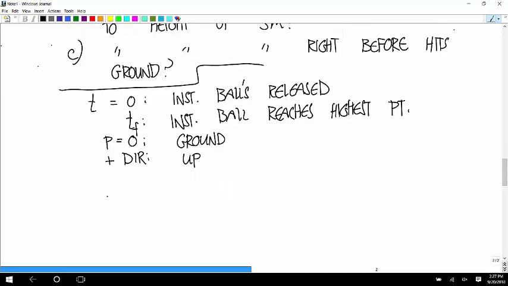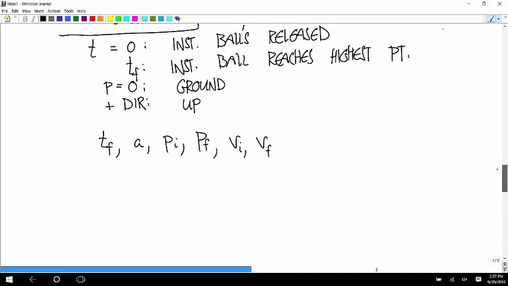So now we have to choose out of our variables: time final, acceleration, P initial, P final, V initial, and V final. We have to figure out what we know and what we want.